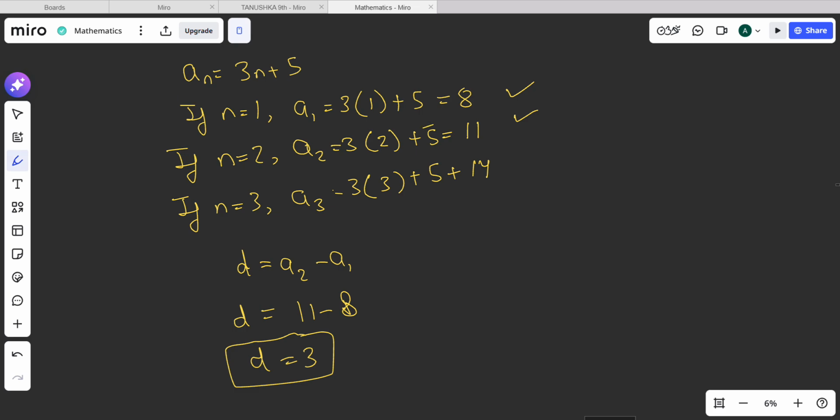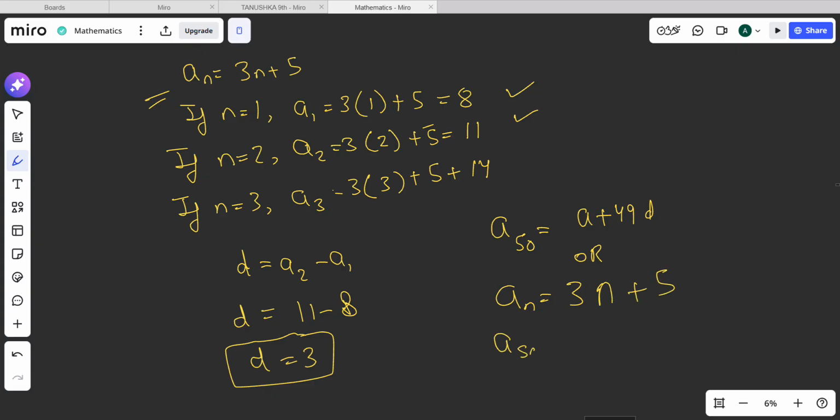Now even if I am told to find out any of the terms, let's say I am being asked to find out the 50th term of this AP. So A50 will be a plus 49d, or I can do it by just using what I was given, an equals 3n plus 5.